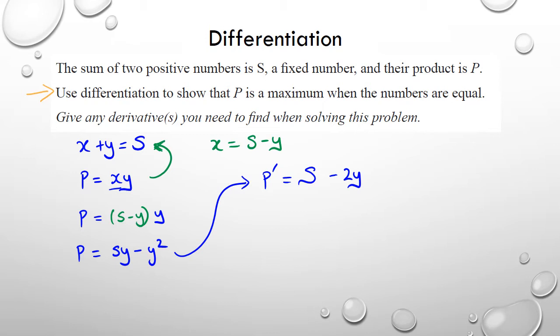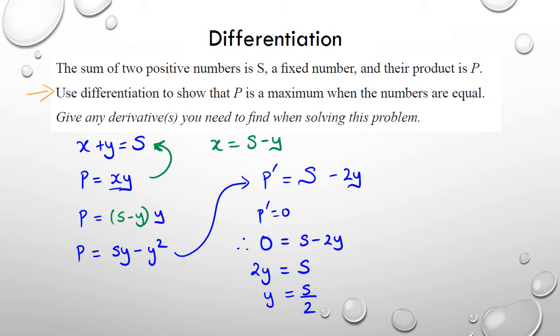Now when a maximum occurs, what's the gradient equal to? 0. So I put p dash equal to 0, therefore 0 is equal to s minus 2y. When I rearrange this, I get 2y equals s, and then y equals s divided by 2.